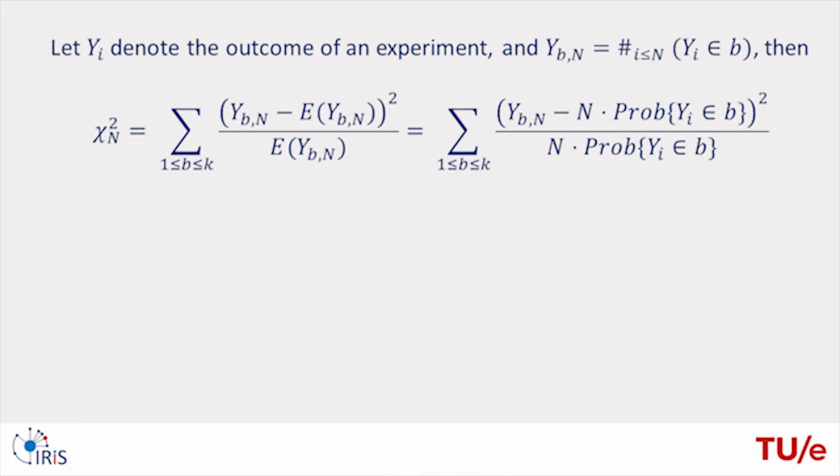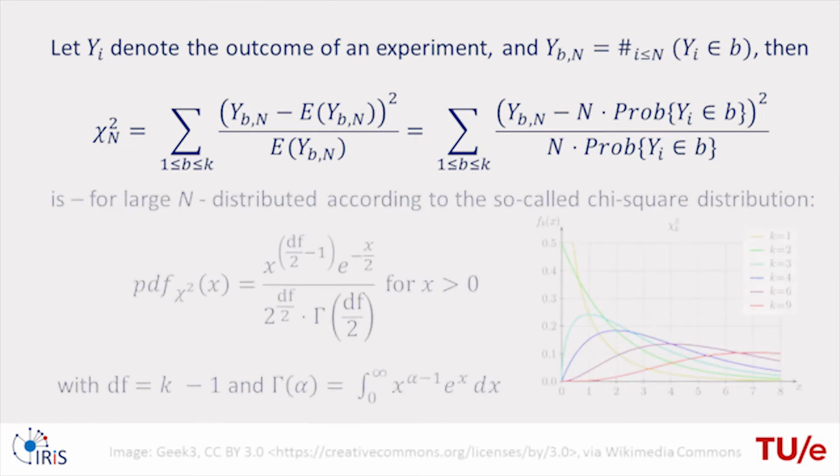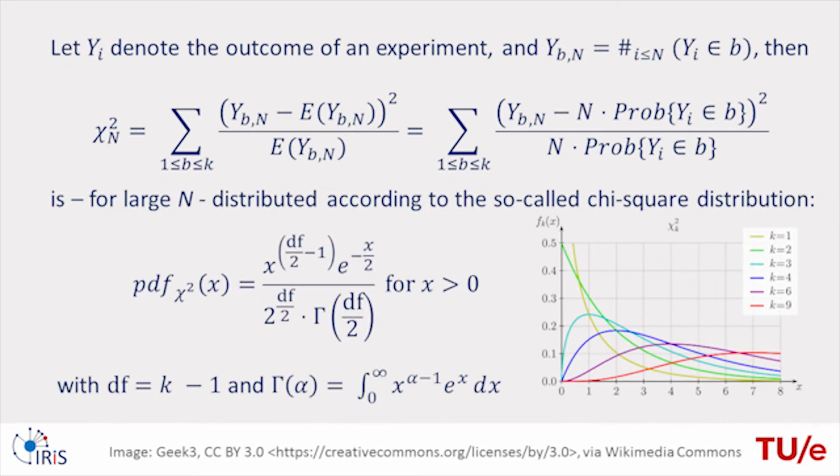That chi-square statistic can be shown to converge towards what is known as a chi-squared distribution with k minus 1 degrees of freedom, where k was the total number of bins.